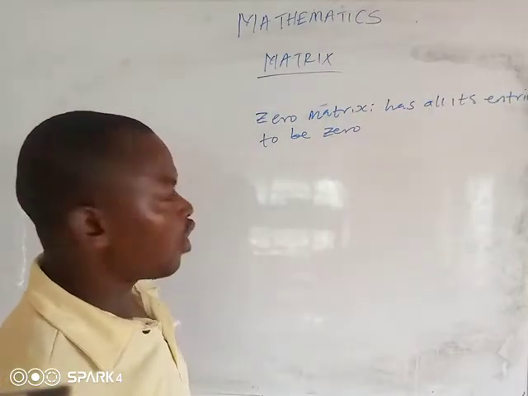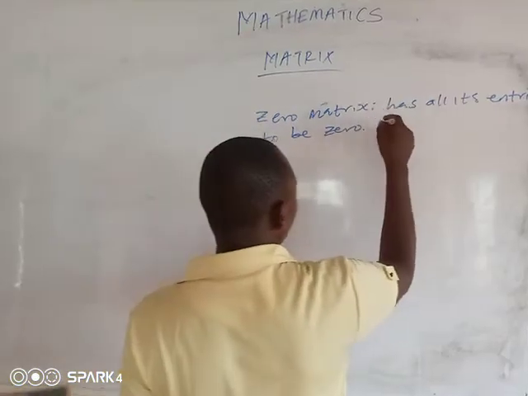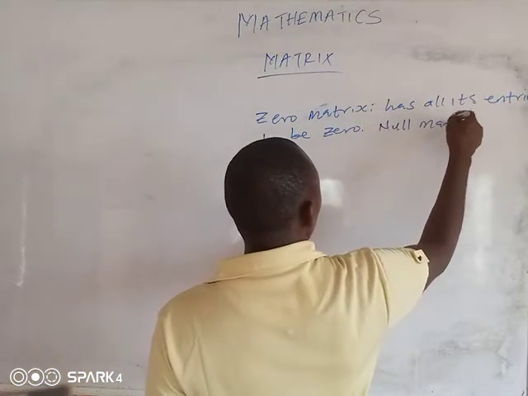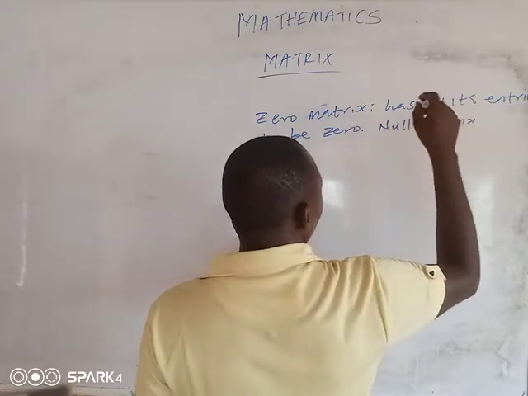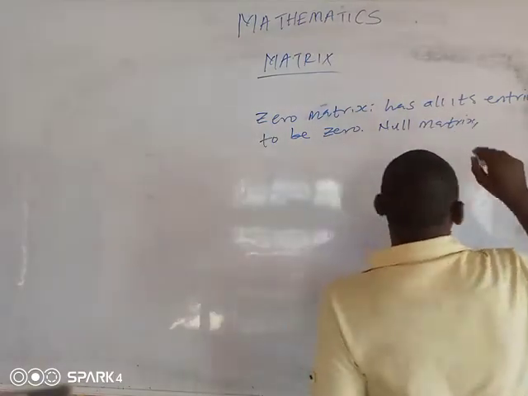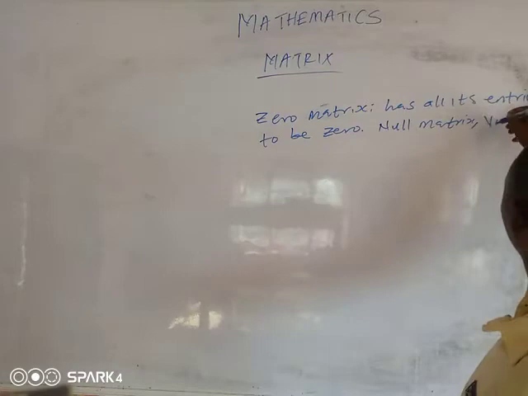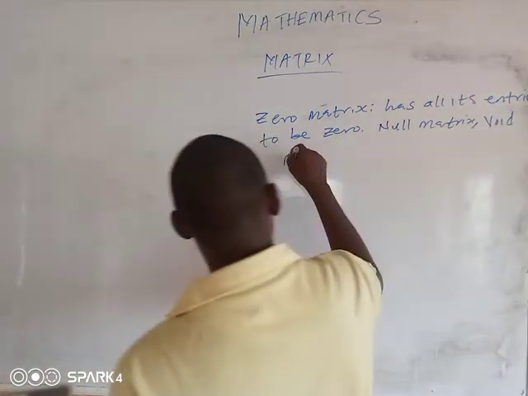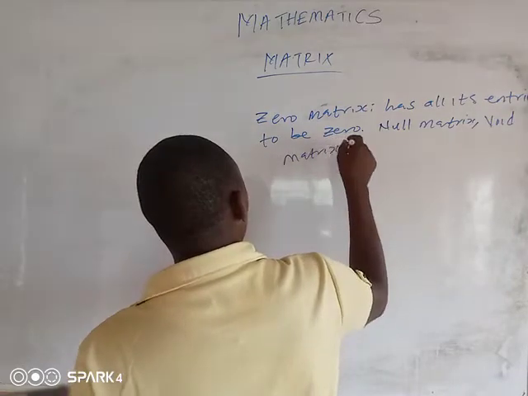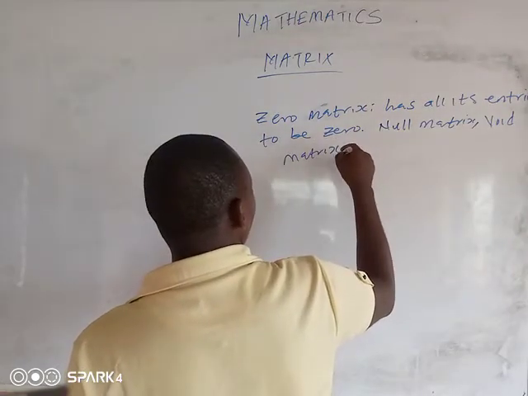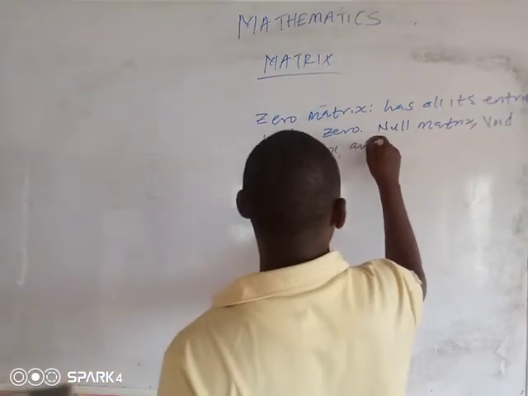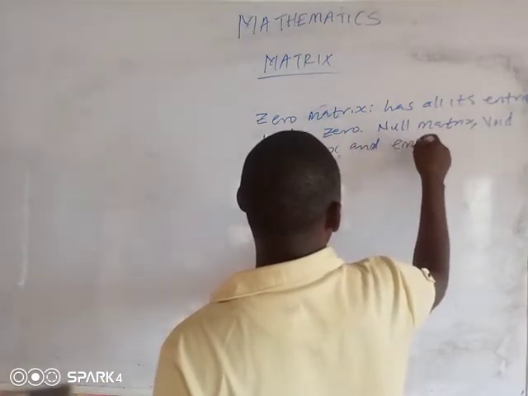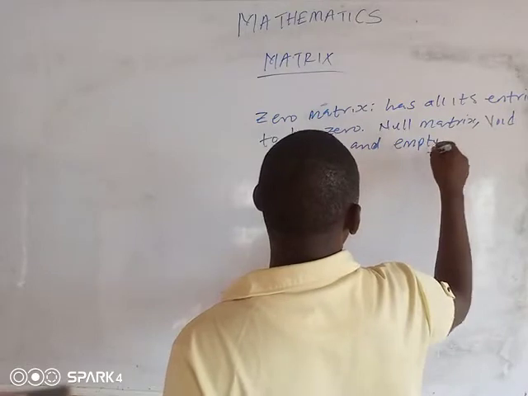It can also be called a null matrix. It can also be called a void matrix. Or it can also be called an empty matrix.